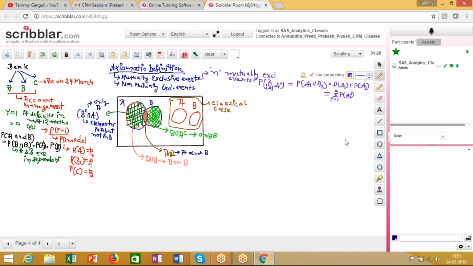So probability of union Ai, that is A1 union A2, is the summation of probability Ai.